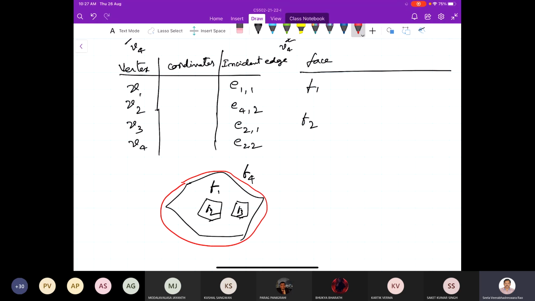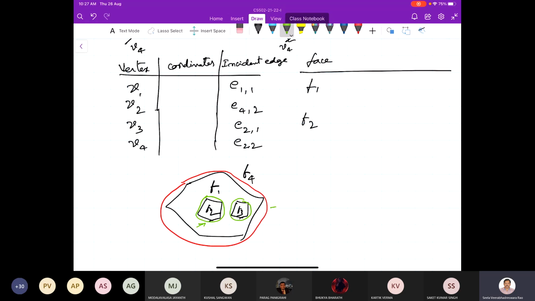Similarly, this F1 is bounded by this boundary from inside. This is a hole inside the F1. And similarly, this is another hole inside the F1. So the region F1 is actually bounded by these 2 boundaries also from inside. Okay, these are internal components.